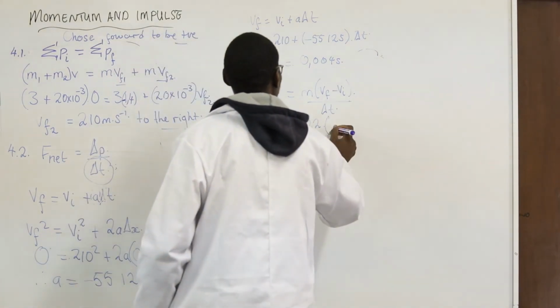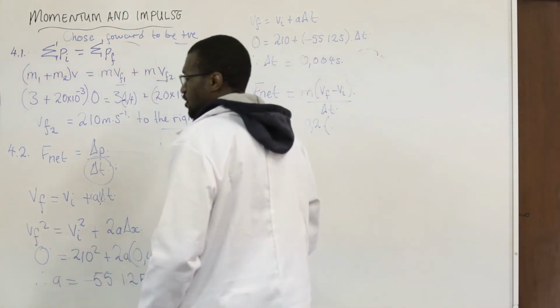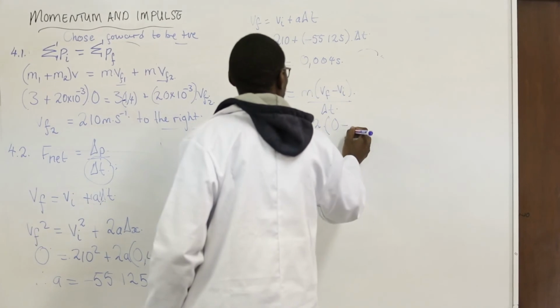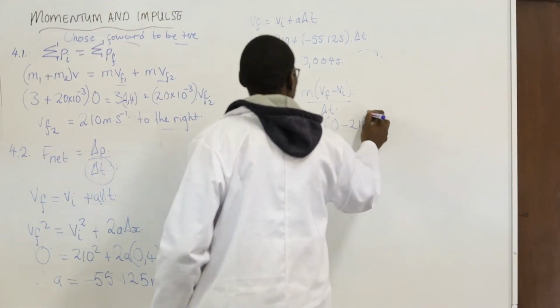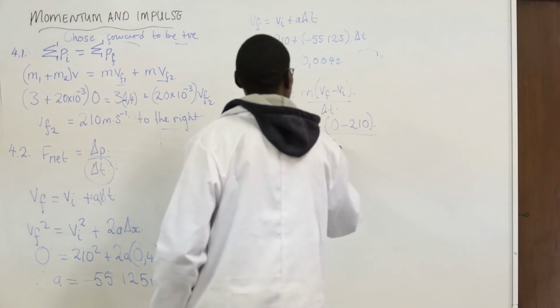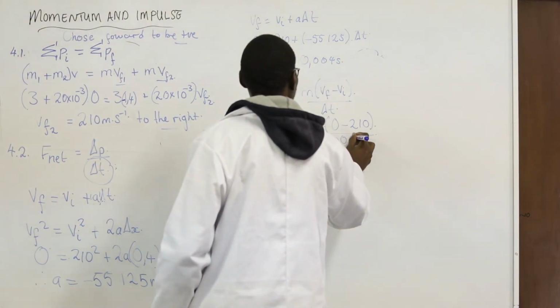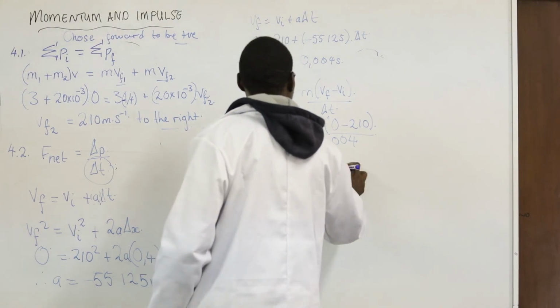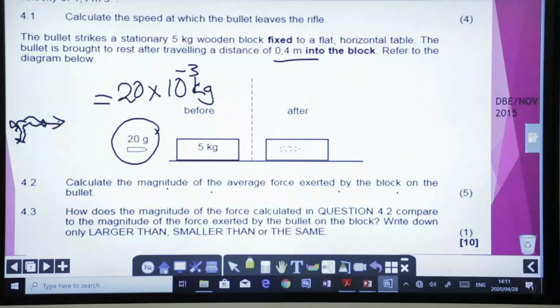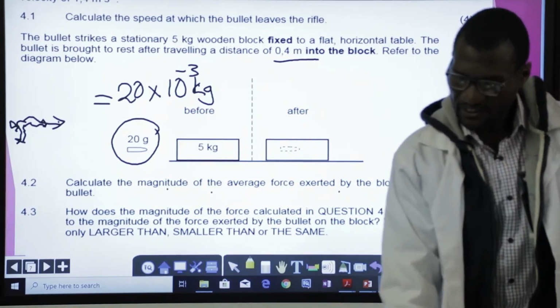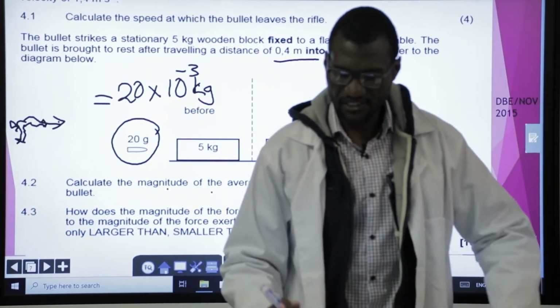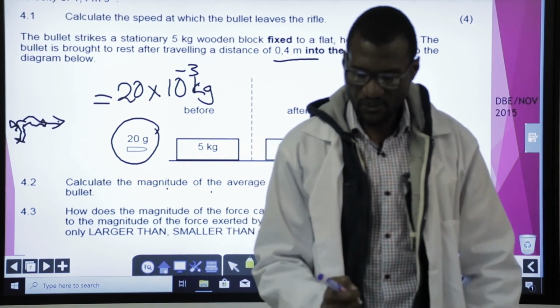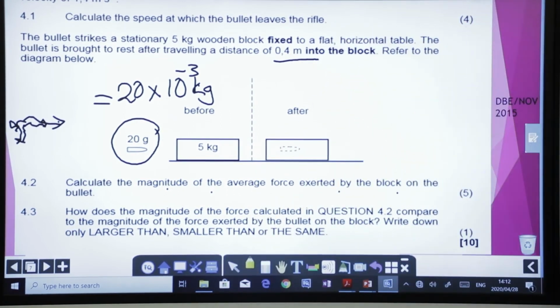And the final velocity of that bullet was 0, and initial was 210, and we said our time is 0.04, giving us a force in newtons equal to, you can do it on your calculator, I did it prior to this for the sake of time, which is equal to 1,050 newtons.